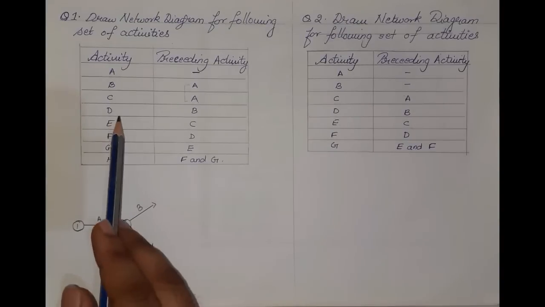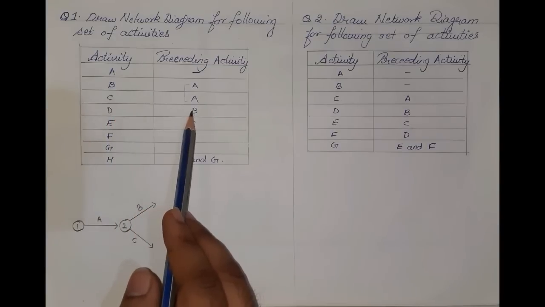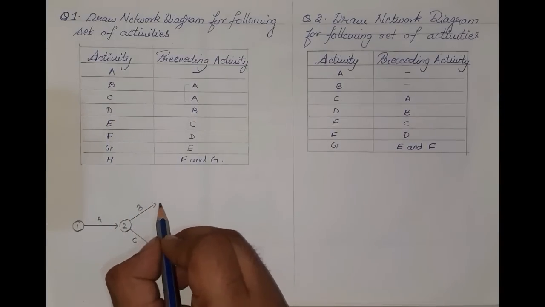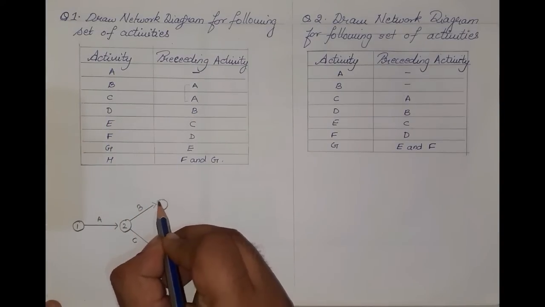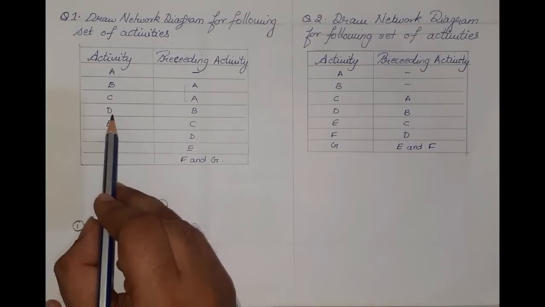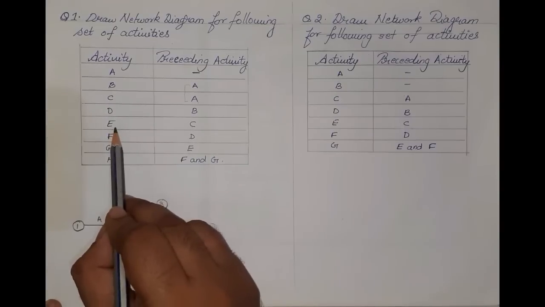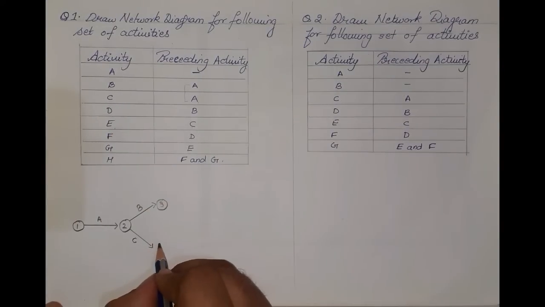Going ahead, the next activity is D. Now D has the preceding activity B, meaning from B, I'll note down here point number 3, the event 3. From B, D is getting evolved, and from C, E is getting evolved. So 1, 2, 3, and this is my fourth event.